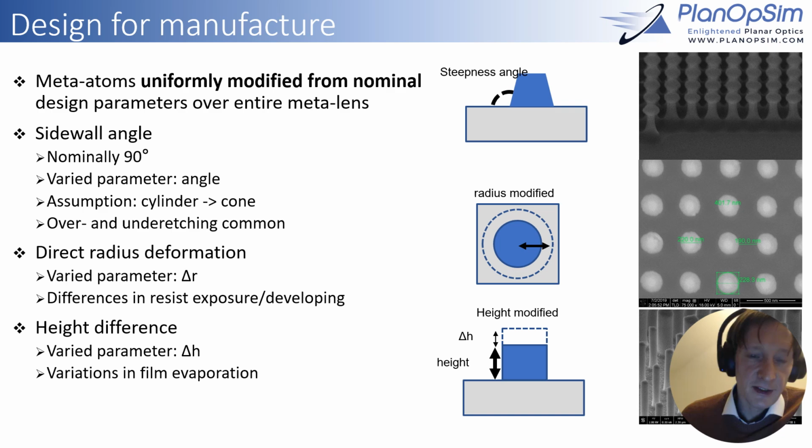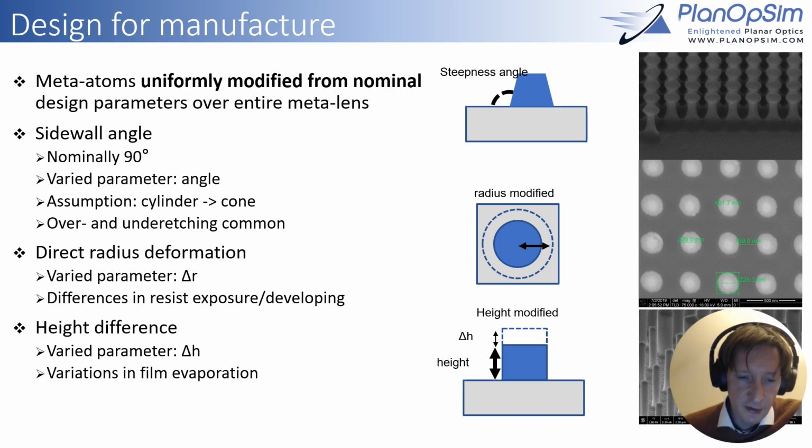When we design a meta surface, of course, at the first iteration of the design, usually the atoms are assumed to be perfect. But once we actually start fabricating, all kinds of fabrication errors occur. So for instance, the sidewall angle, which is usually assumed to be perfectly straight, in fact, due to the etch process, is often not perfectly straight, but instead has a cone shape instead of a cylindrical shape.